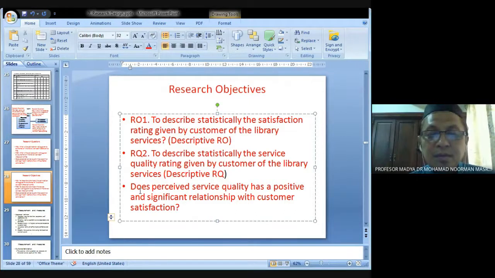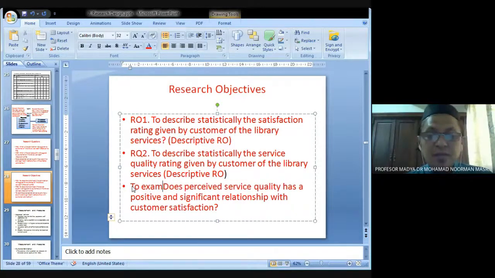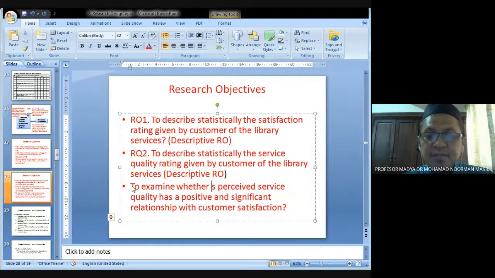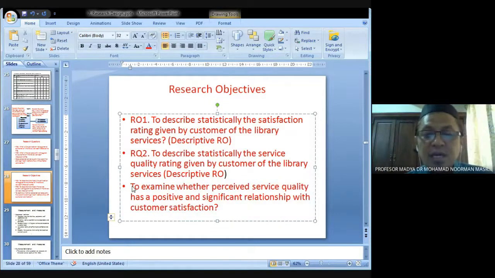Number 3, this one is not a descriptive research objective. Does perceived service quality has a positive and significant relationship with customer satisfaction? So you change to: to examine whether perceived service quality has a positive and significant relationship with customer satisfaction.